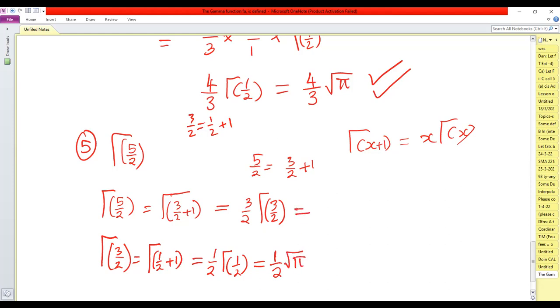So now replacing here, we get 3 over 2 times a half square root of pi, which is 3 over 4 square root of pi. So that will be the value of gamma of 5 over 2.